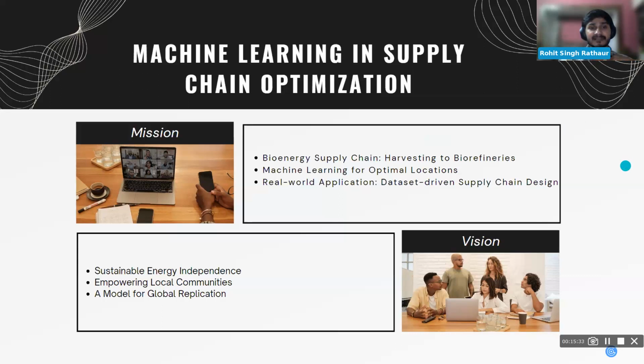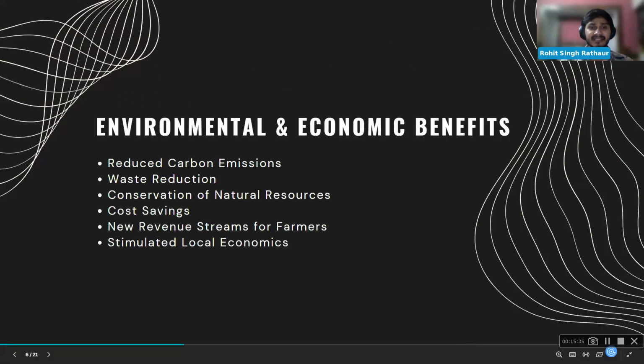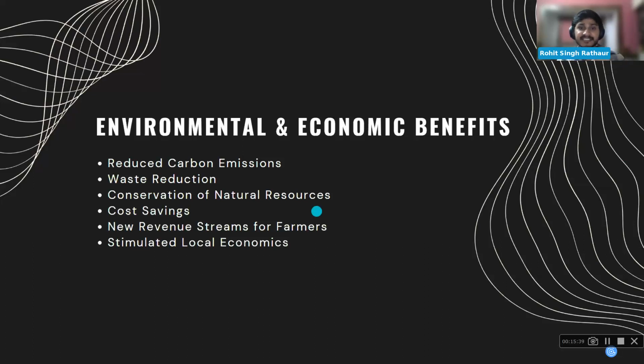Now, beyond the technicalities, I will discuss the broader benefits of optimizing bioenergy production. Optimizing bioenergy production has a direct positive environmental impact. Efficient processes mean fewer emissions and a significant reduction in our carbon footprint.